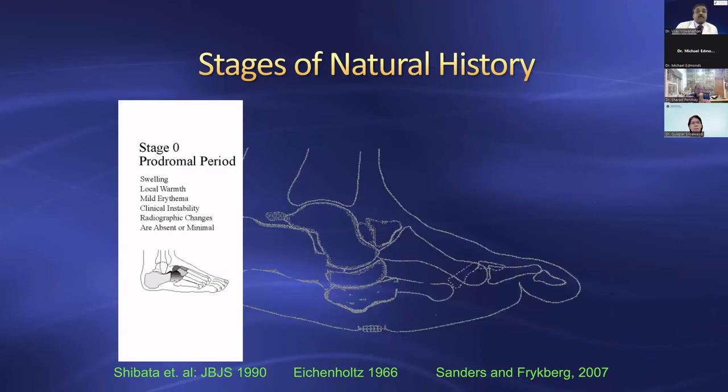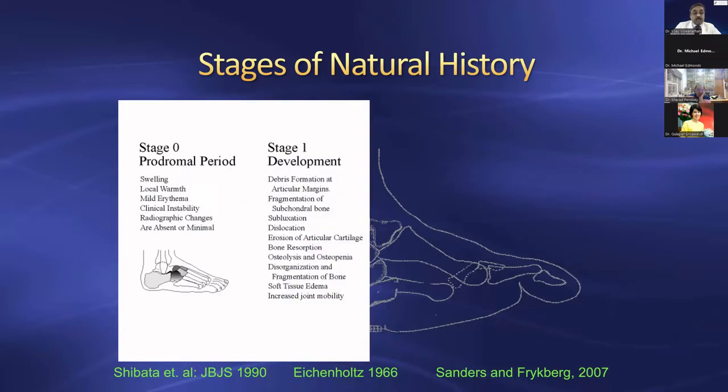So Lee Sanders and I published this graph many years ago, but it was put forth also at the additional stage 0 by Shibata back in 1991, where we introduced the stage 0 or prodromal period, that initial period of heightened inflammation after injury with no radiographic changes. Then we have the acute stage 1 development that we're all familiar with.